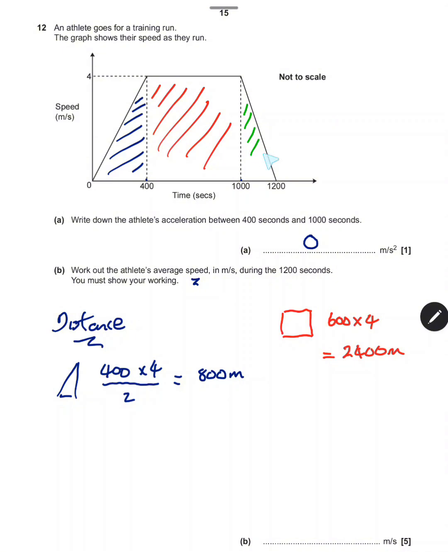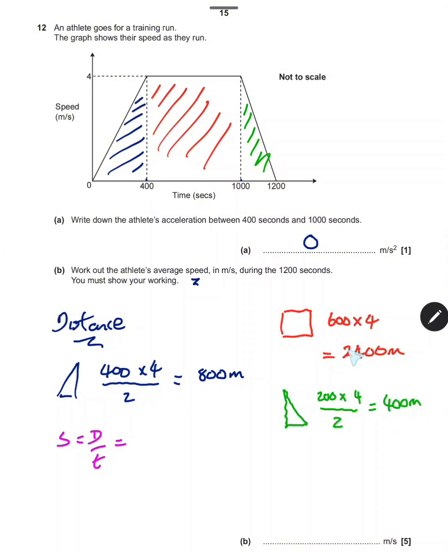And then we've got another triangle to work out, so I'll just sketch that here. And again, base times height divided by 2, so the base is 200. We're multiplying by 4 again because that's the height, and dividing by 2. This comes to 800 divided by 2, which is 400 meters. Remember, we're trying to work out the speed, which is distance divided by time.